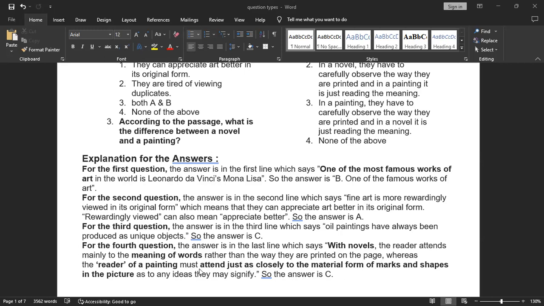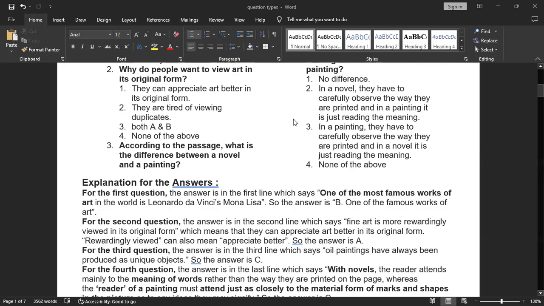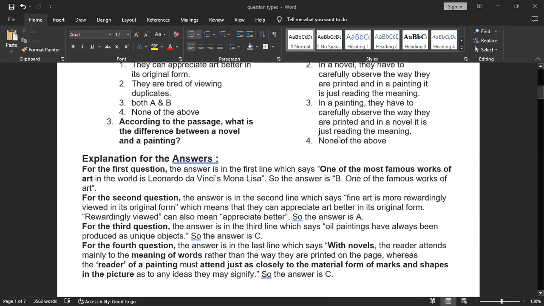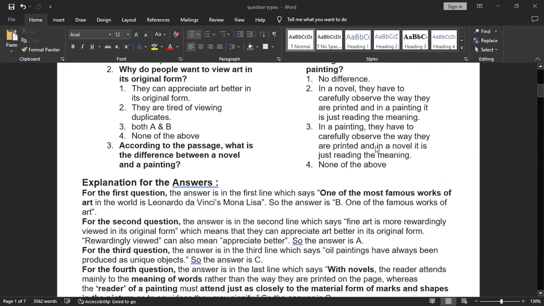Whereas the reader of a painting must attend just as closely to the material form of marks and shapes in the picture as to any ideas they may signify. So the answer is C. In a painting, they have to carefully observe the way they are printed, and in a novel, it is just reading the meaning.